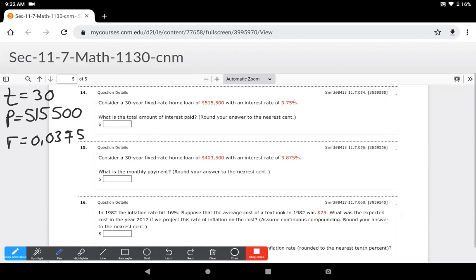They're asking us for interest paid. So if we look back at the idea that future amount is principal plus interest, then interest is future amount minus principal. So we first have to find the future amount.